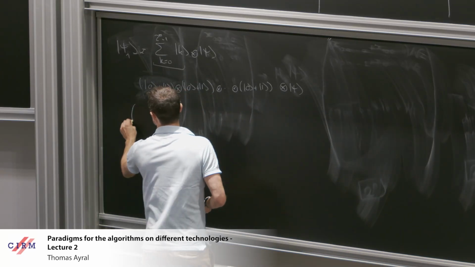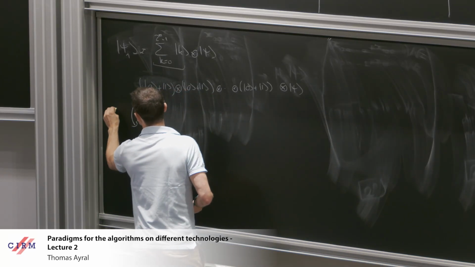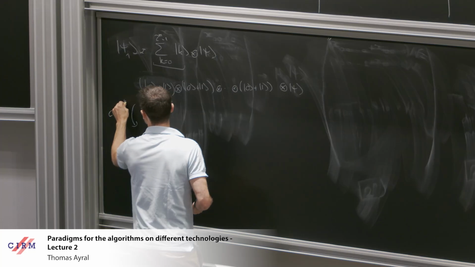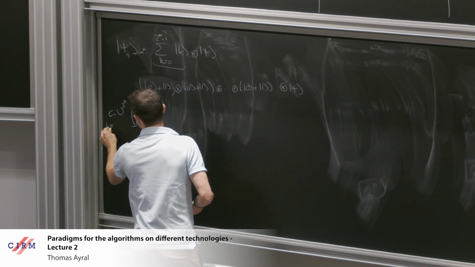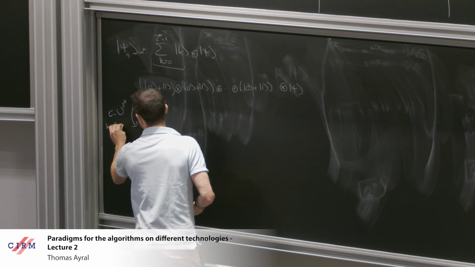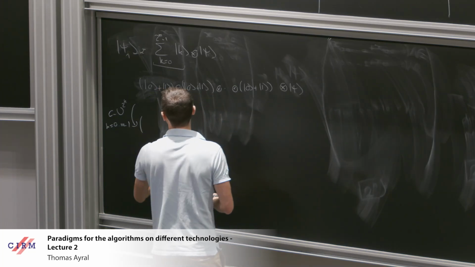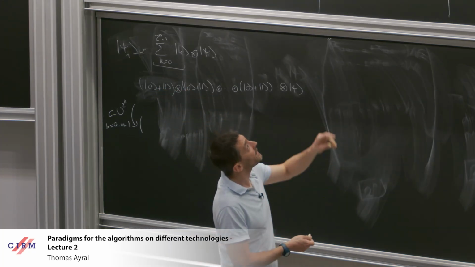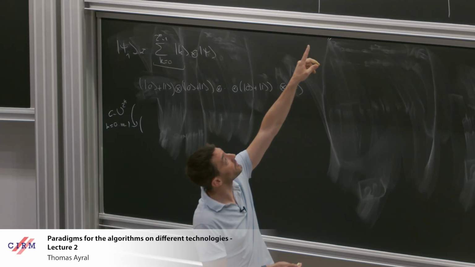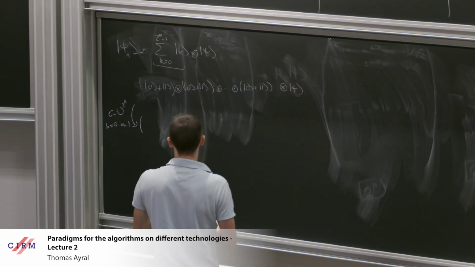controlled unitaries. So let's see, I apply the controlled unitaries U to the 2^k, for k equals 0 to n minus 1. Let's see what happens. It's exactly what I wrote on the board.